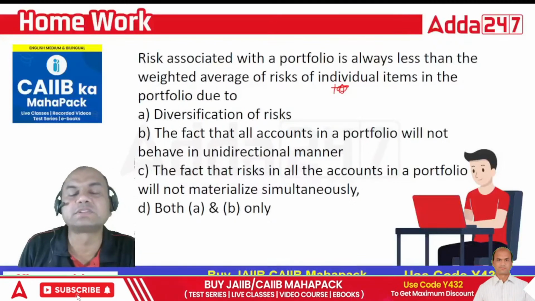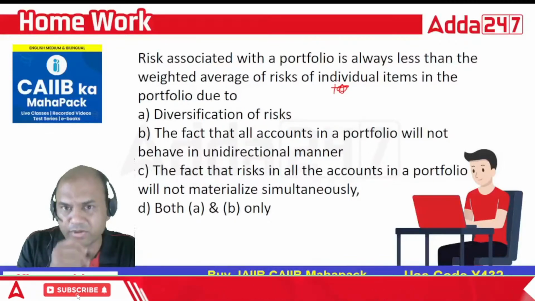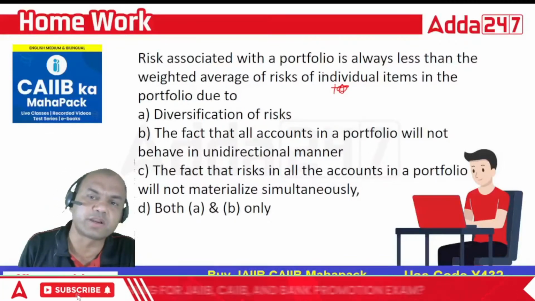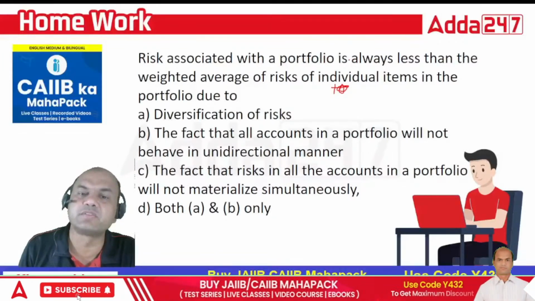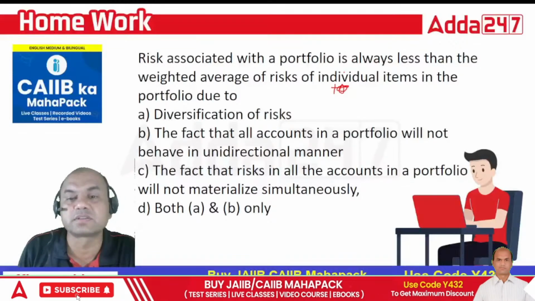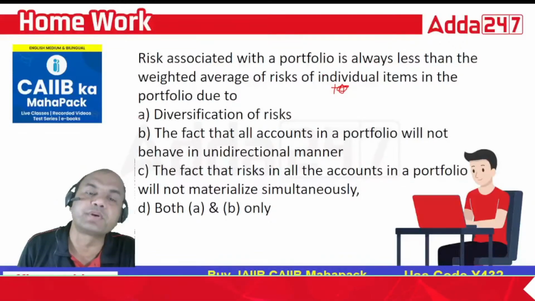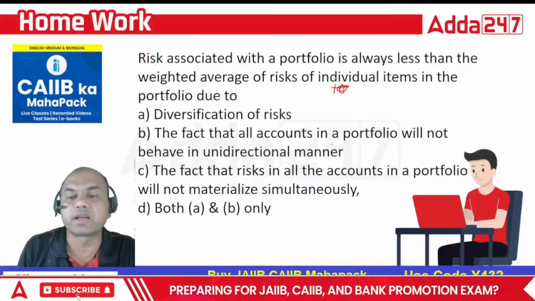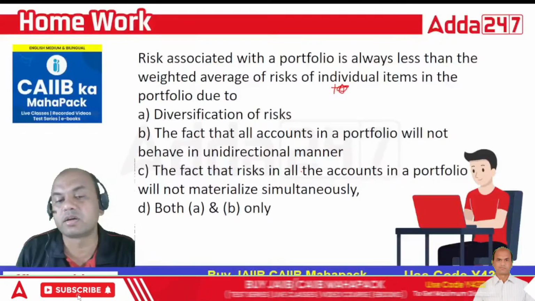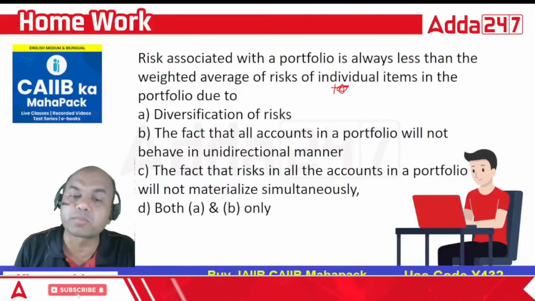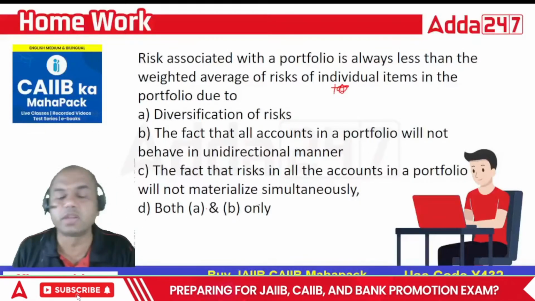Because a mutual fund invests in a variety of shares, and all the shares won't go down at one time. That is the question over here. Why is investment in a mutual fund better than in an individual stock? Because of diversification of risk: the fact that all the accounts in the portfolio will not behave in a unidirectional manner, and the fact that all the risk in all the accounts will not materialize simultaneously. So only A and B.